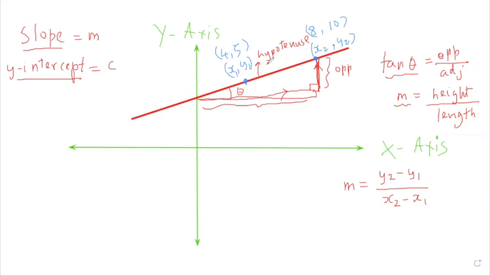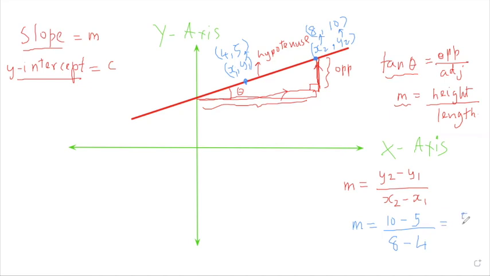Okay, and if we were to find the slope of this, m is equal to y2 minus y1. So y2 is 10 minus y1, that's 5, divided by x2 minus x1. x2 is 8 minus x1. x1 is 4.